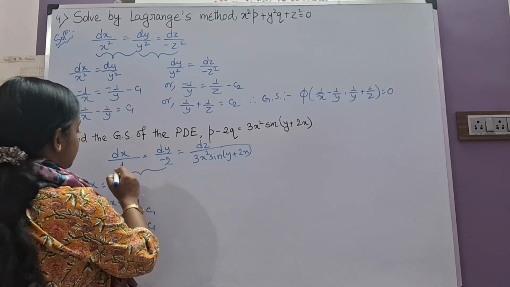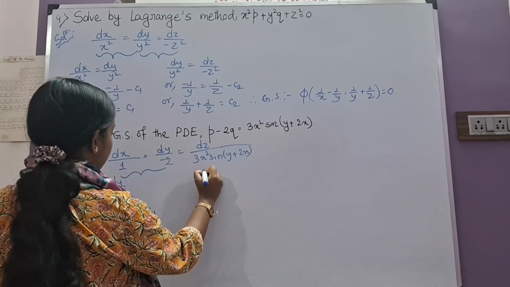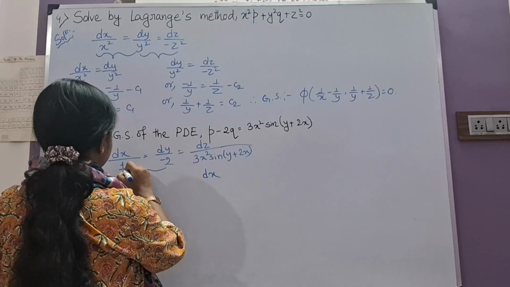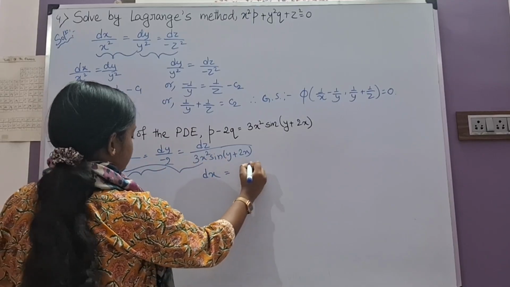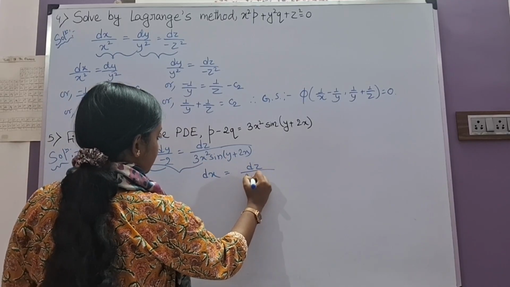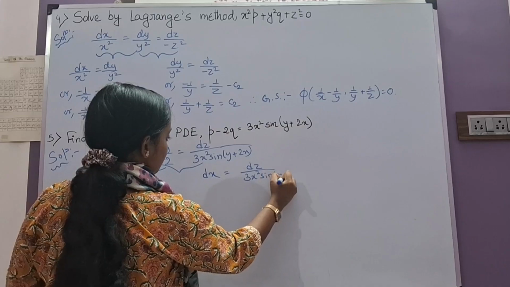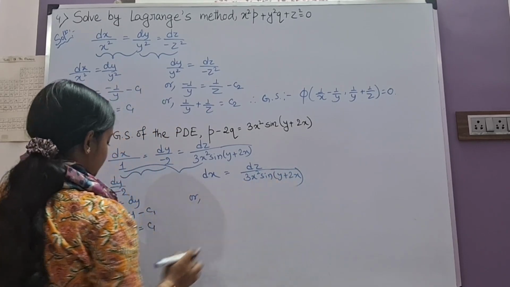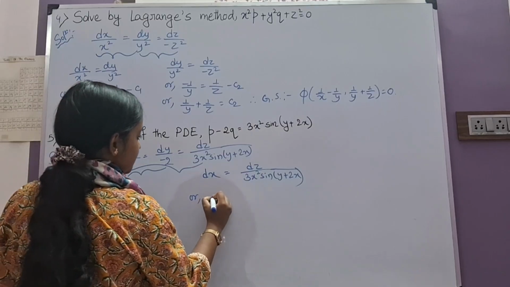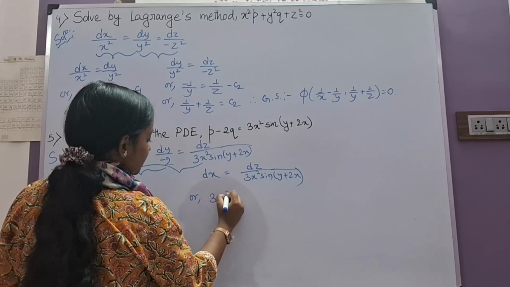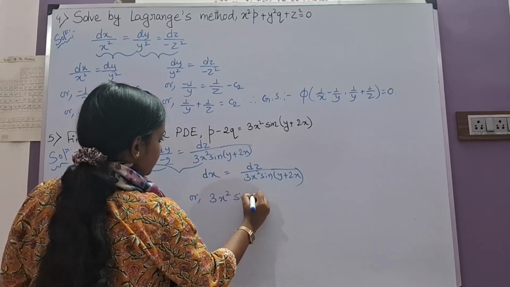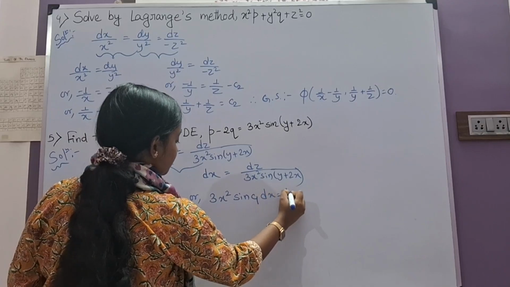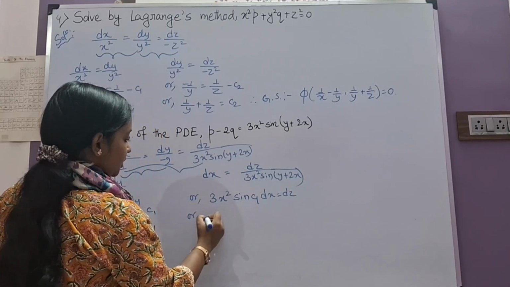Now we are going to choose the first and third ratio, that is dx equal to dz by 3x squared sine of (y plus 2x). Now in place of y plus 2x we can put c1. So 3x squared sine c1 dx equal to dz, or integrating, what we get?